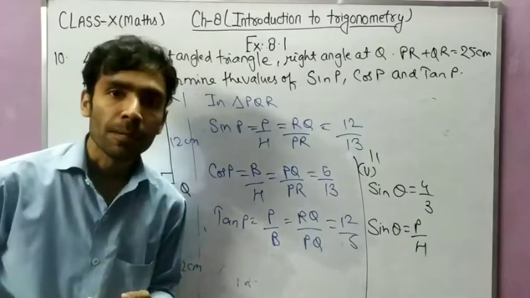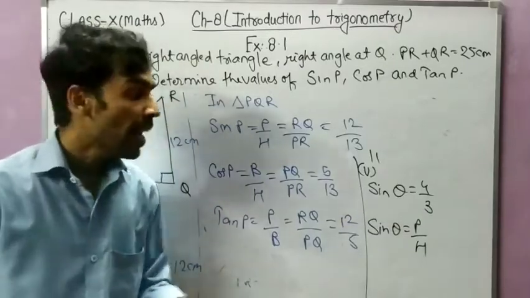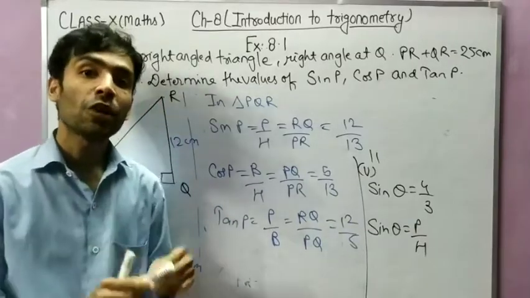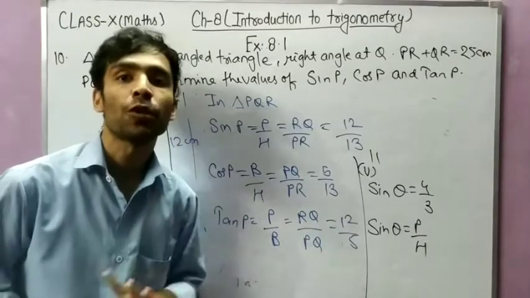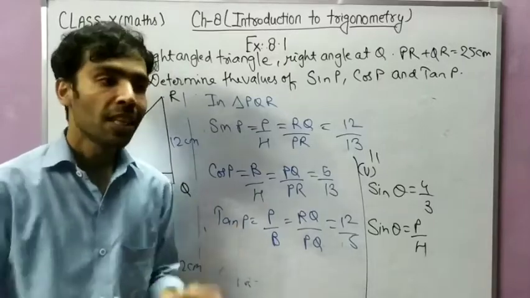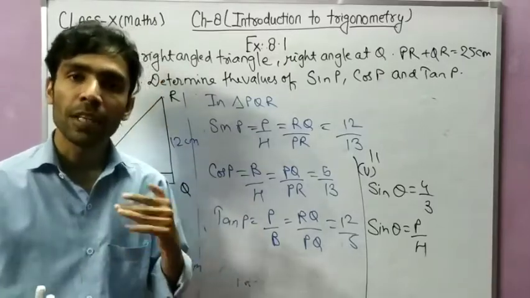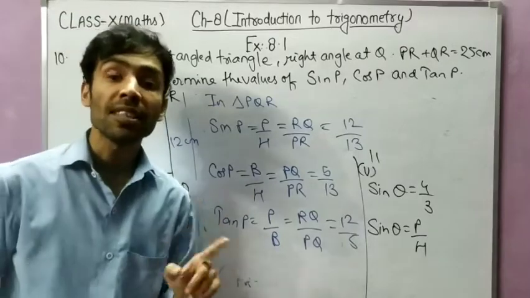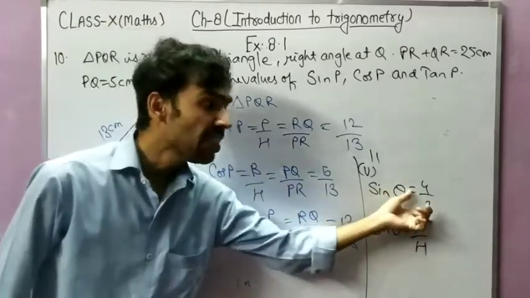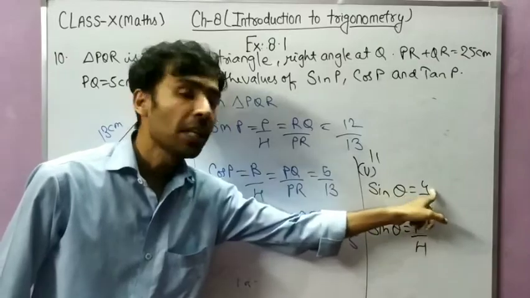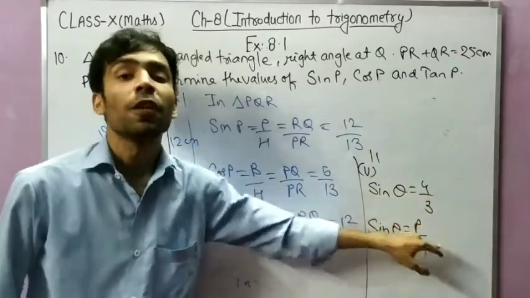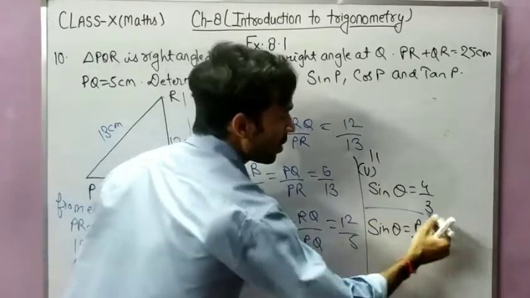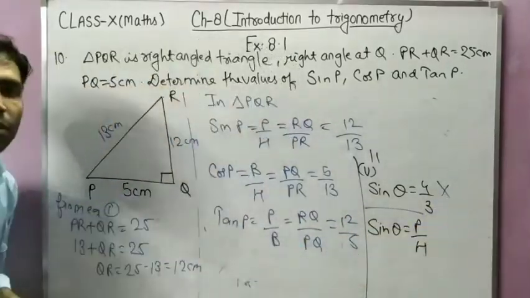Is it possible that perpendicular is greater than hypotenuse? No. Perpendicular cannot be greater than hypotenuse because trigonometric ratios are applied in a right angle triangle, and in a right angle triangle hypotenuse is the longest side. Here perpendicular is 4 and hypotenuse 3, which is not acceptable. It means that whatever value is given is wrong. So this statement is also false.